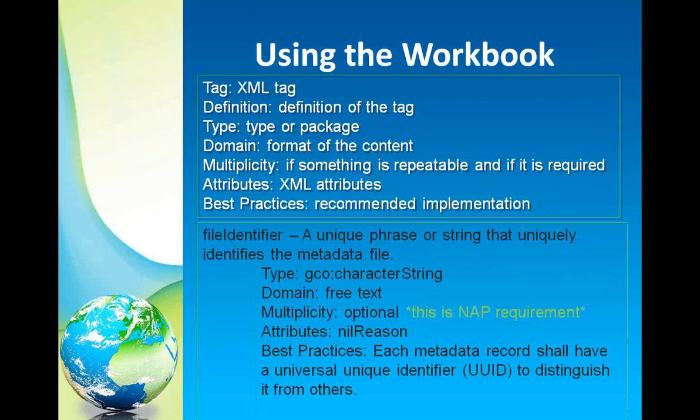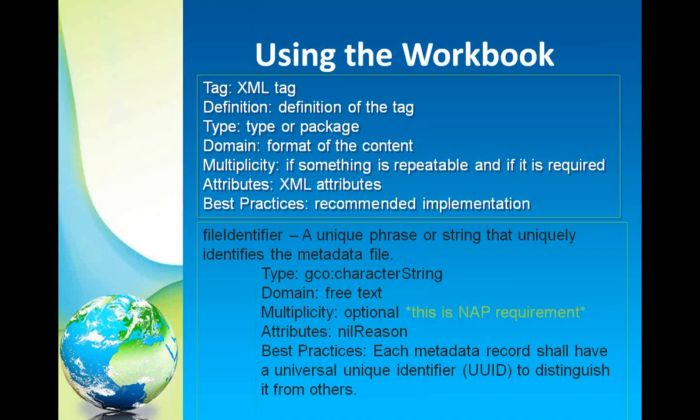So again, the workbook is a resource for applying the ISO metadata standard and its profiles. It provides names and definitions, describes the domain values, and uses that graphical representation of the production rules. The workbook is organized by main sections and supporting packages. The main sections are documented in the order in which they appear in the standard, and the packages are referred to from various points within the main sections and other packages.